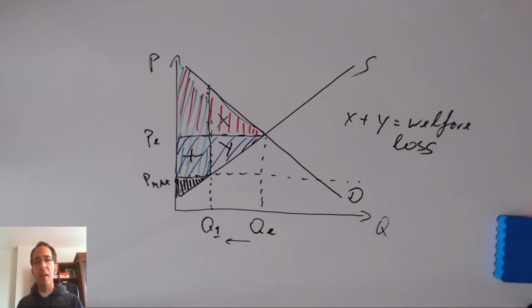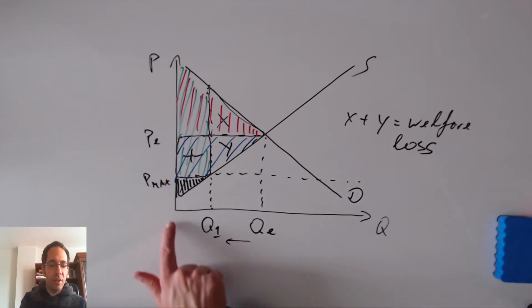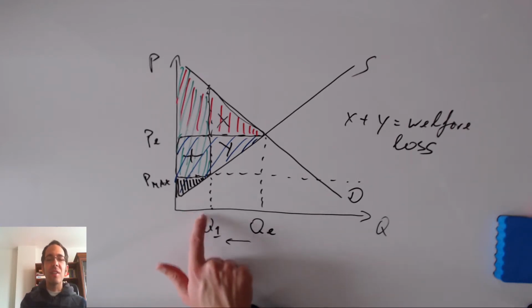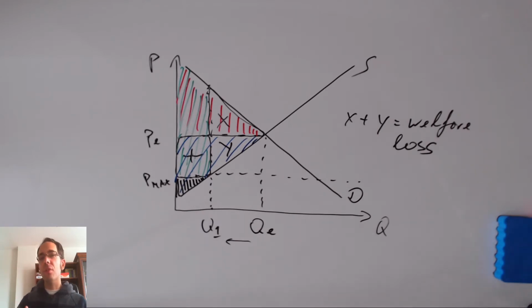It may be some kind of life-saving medicine that only this many units are actually needed, and we want to make sure that those units get to the people who need this medicine.